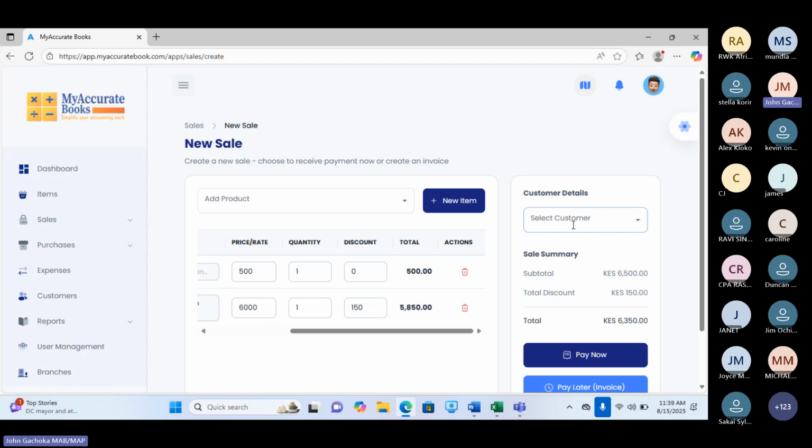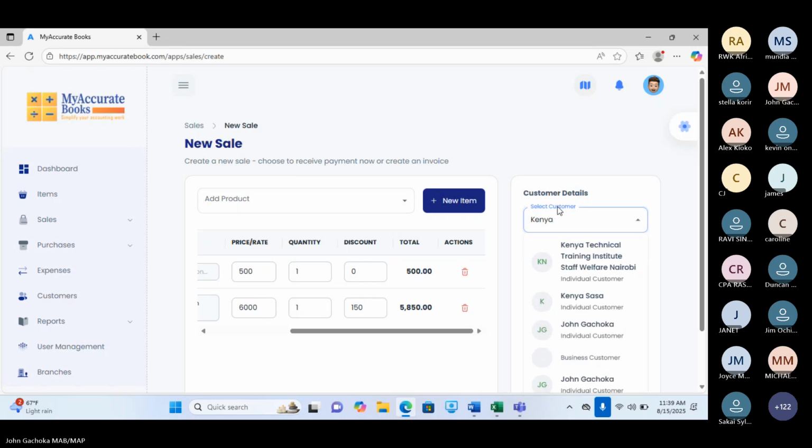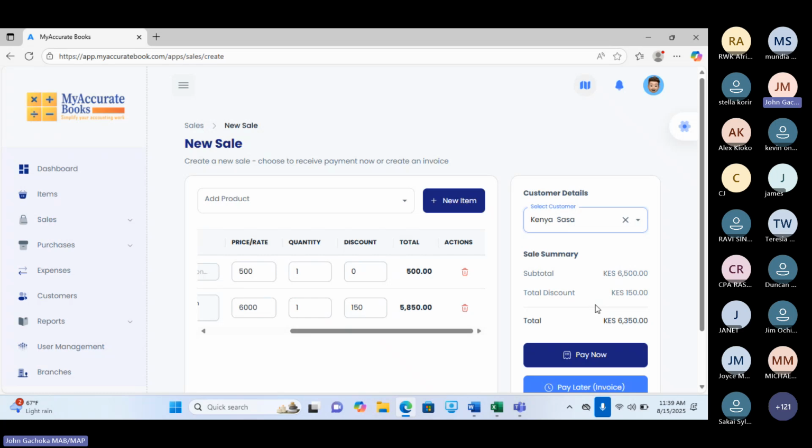Whether it's your student or parent or class. Because when you have their details, you will only type their name. For example, I want Kenya. So there is Kenya Sasa. We assume that is my client.